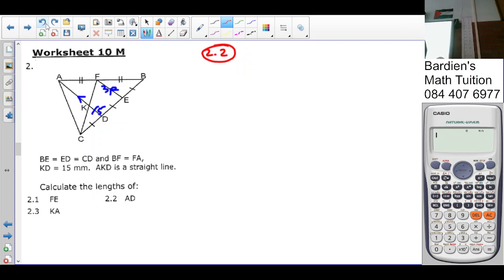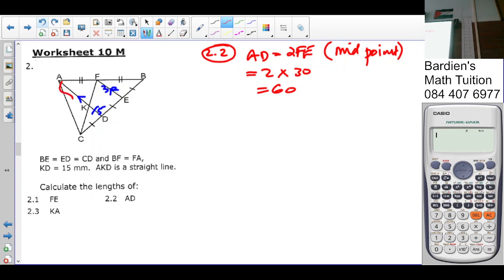No, because I've seen it already. We already laid out our argument for the midpoint theorem. So simply we just say that AD is equal to 2 times FE. Why? Because of the midpoint theorem. So it's going to be 2 times 30, which is 60. So this whole length is 60.